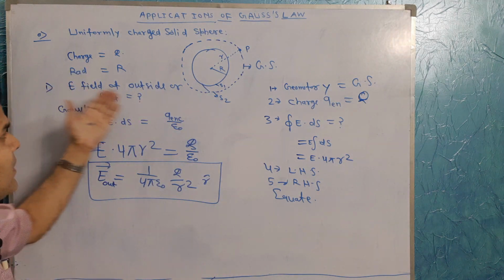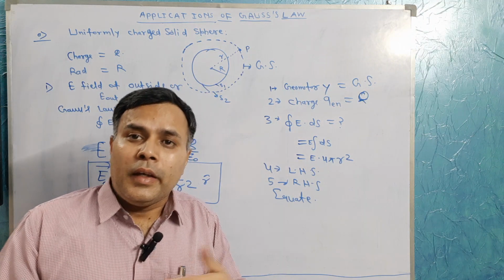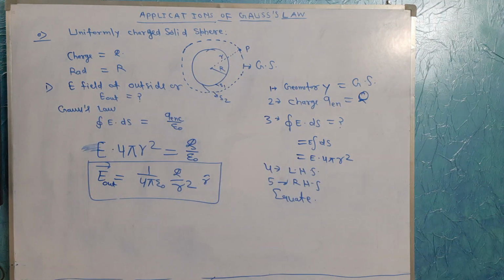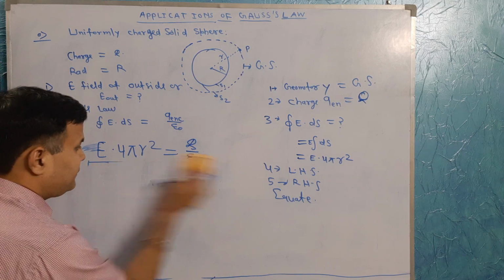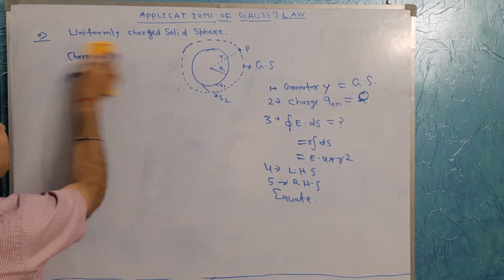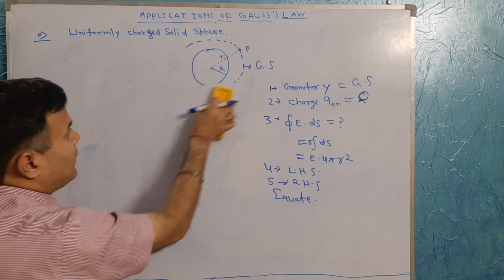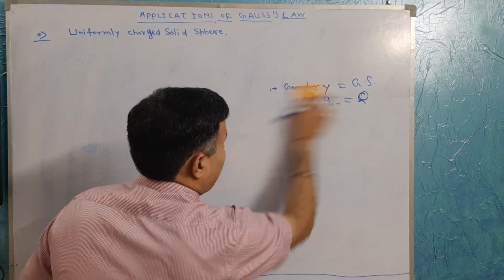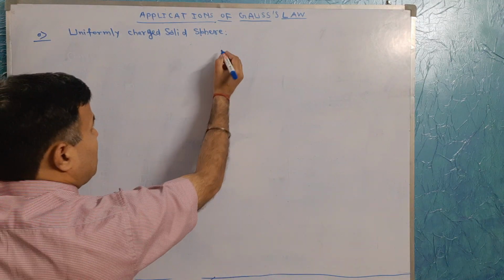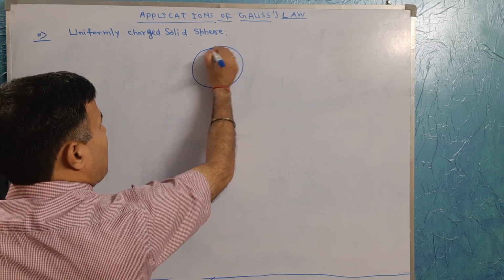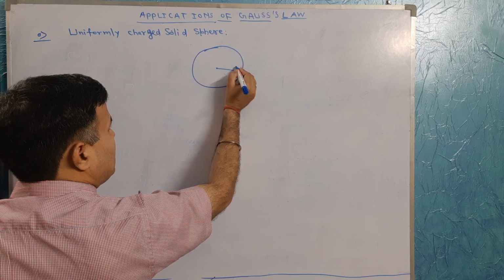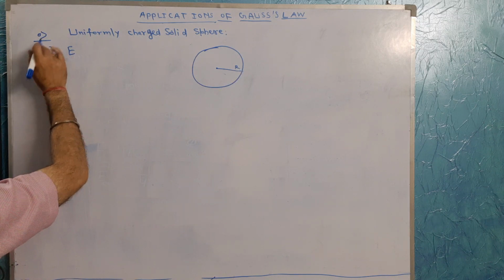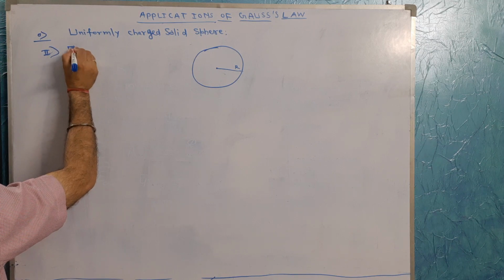Now we have a second situation. We can find out the electric field inside, at any point in this sphere. So second case: again we have a sphere whose radius is capital R. We want to find out the electric field, basically E inside.